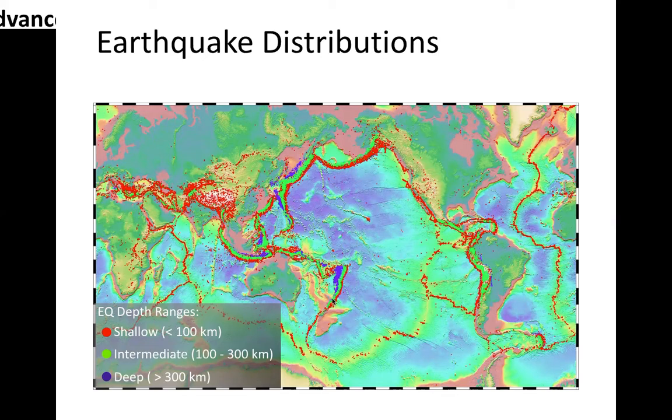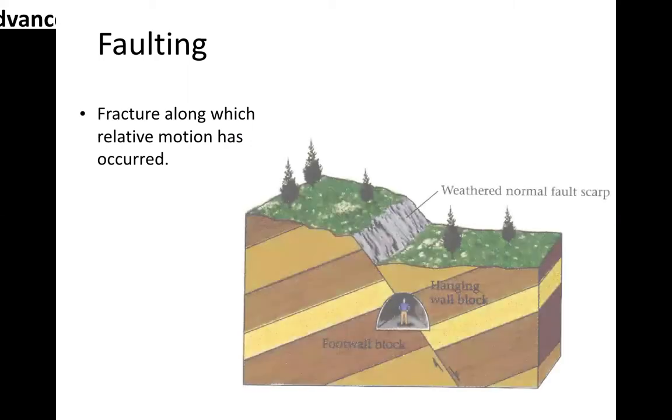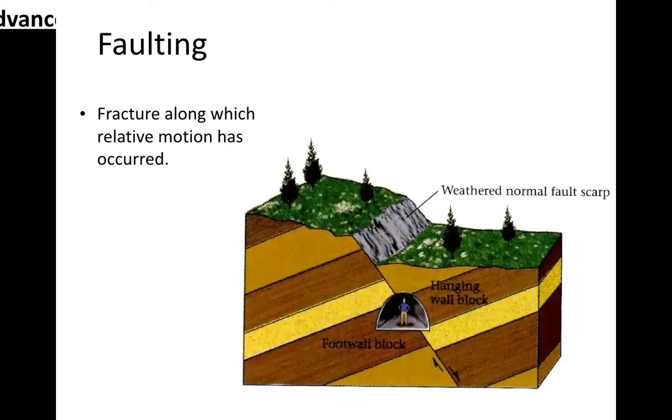So let's first do a quick review on faulting. A fault is a fracture along which relative motion has occurred, a fracture within the Earth. For this example, the normal fault shown here, the hanging wall block, which lies above the fault plane, has moved down relative to the footwall block, which is below the fault plane.